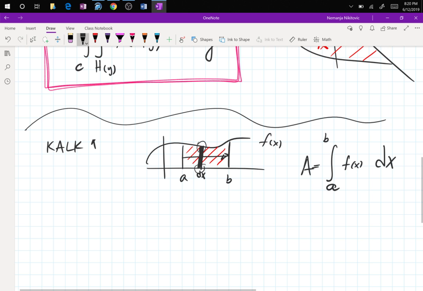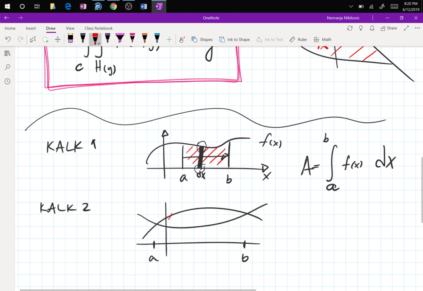As it slides, the most it can go left is A. I'm always writing the y equals 0 function. I draw a representative rectangle dx again. And to find the area, this rectangle again has to swipe from A to B. The top is always writing function f, and the bottom is always writing function g, so f minus g dx.